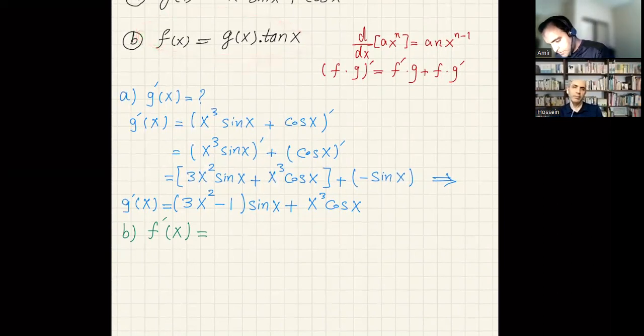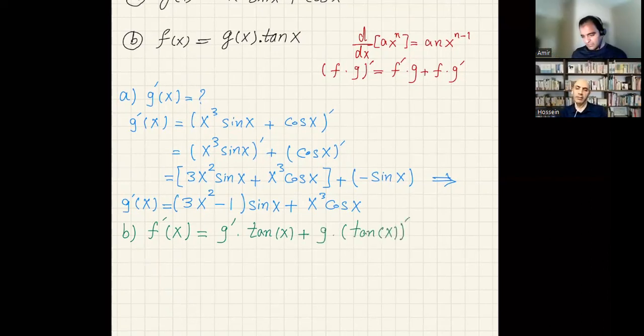So it's going to be g prime times tangent of x plus g times the derivative of tangent of x, in prime notation. So this is based on the product rule. Yes, that's correct. This is based on the product rule here.